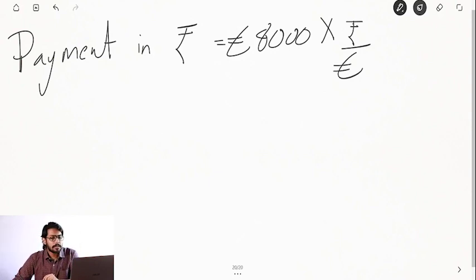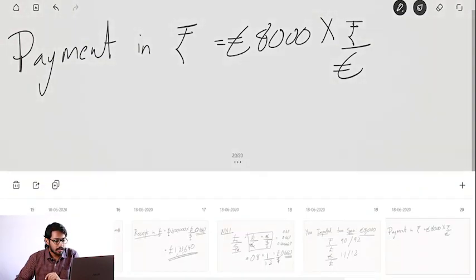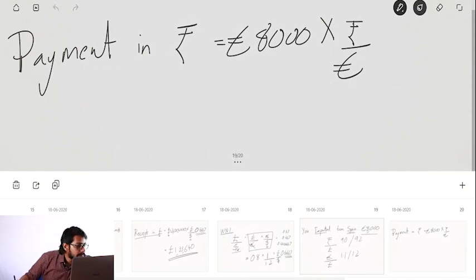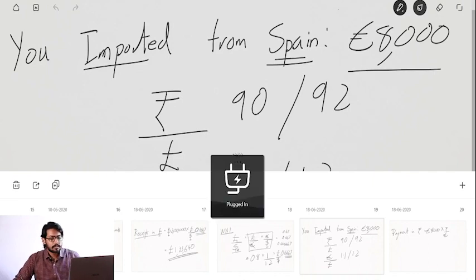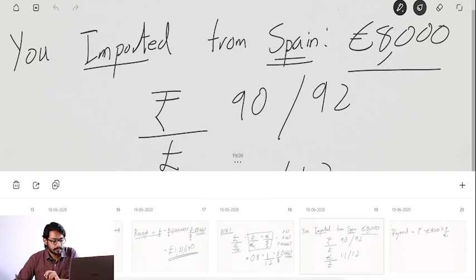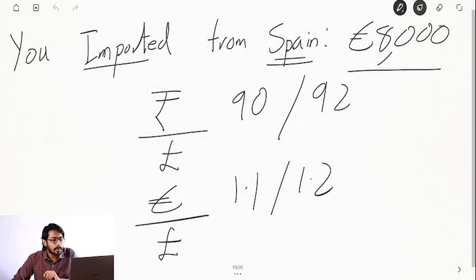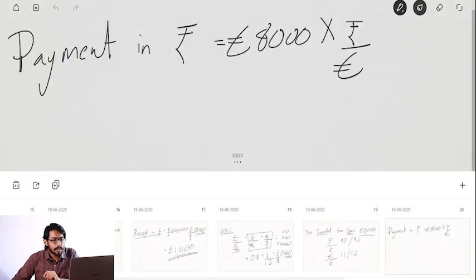Do you know the exchange rate for rupee by euro? You don't directly know it. You know rupee by pound and pound by euro. So you have to go to cross rates.